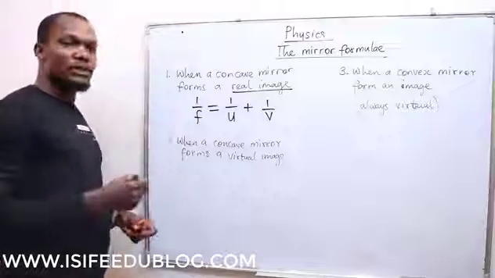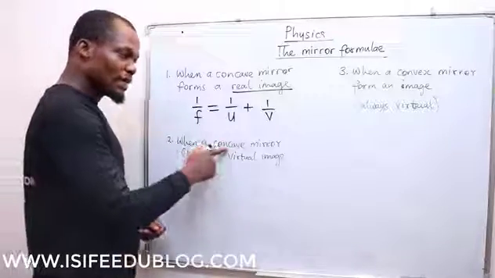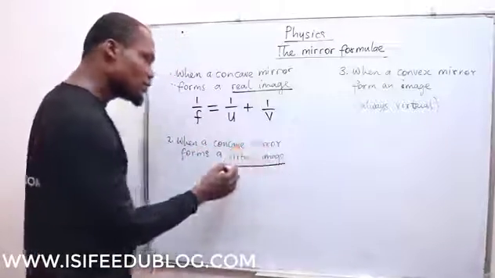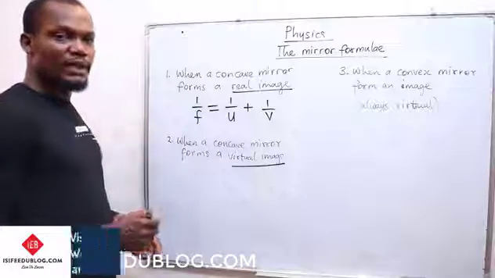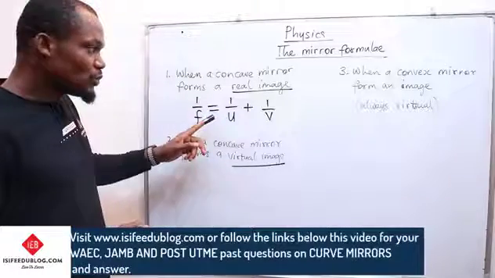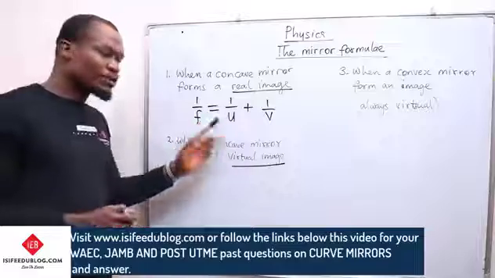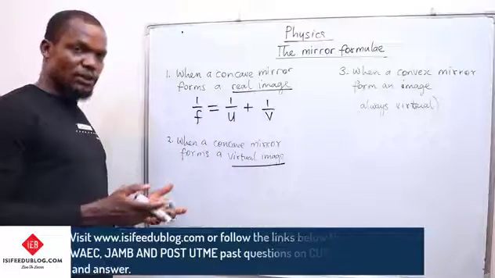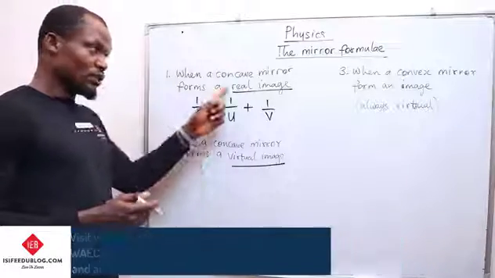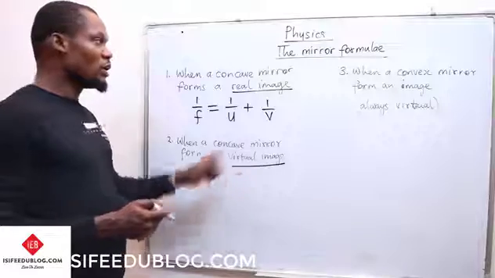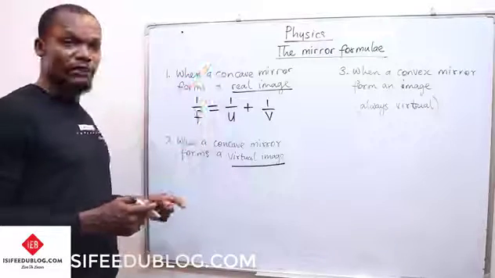Let's take a look at number 2. When a concave mirror now forms a virtual image, we are going to write the same formula, but something is going to change because this is real and this is virtual, even though both of them are concave mirrors.